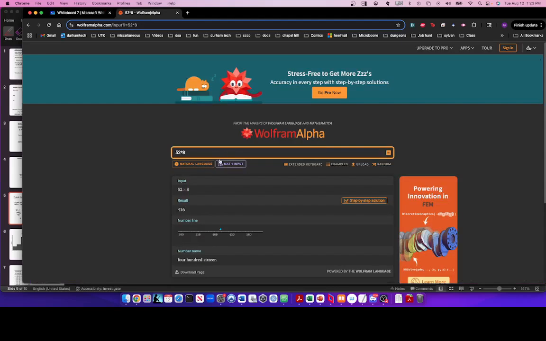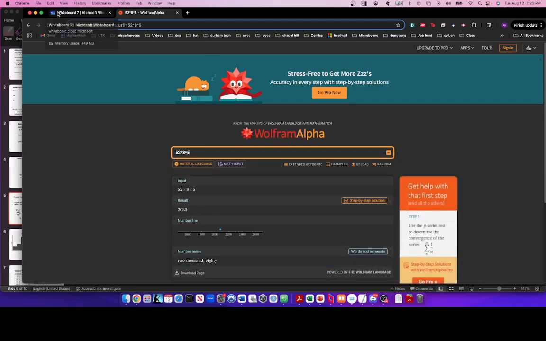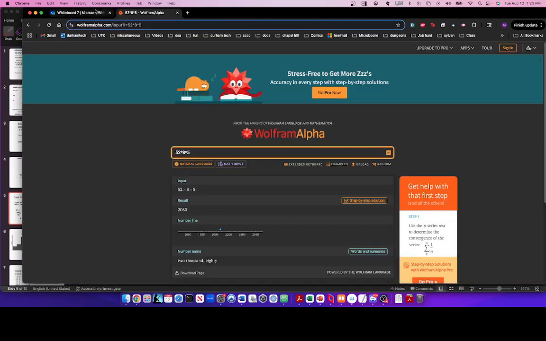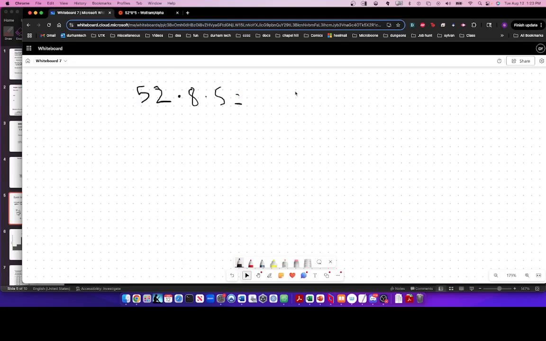If we plug that into a calculator, we get 52 times 8 times 5. That one's not going to particularly be helped by our new technique, but we'll get 2,080.